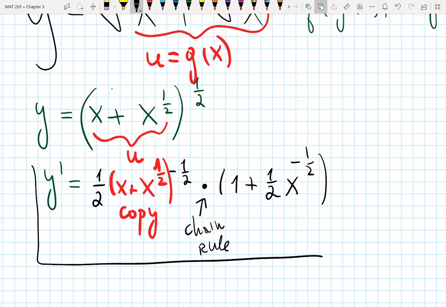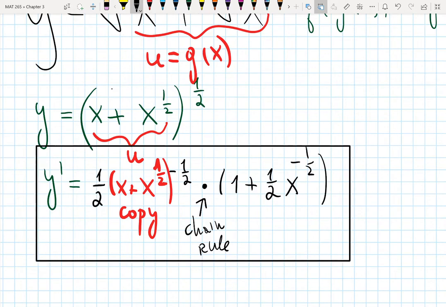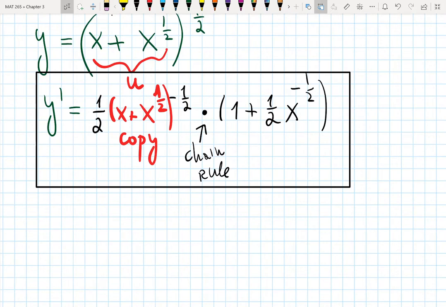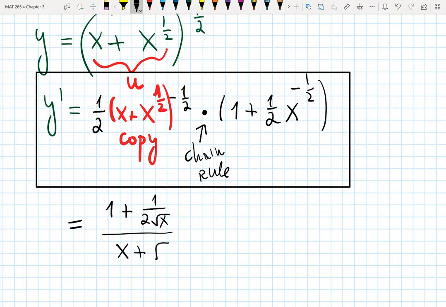We might or might not ask you to simplify this. Originally, this is the final answer, which is fine. If you want to rewrite it again as roots with radicals, it's going to be 1 plus 1 over 2 square root of x, over x plus square root of x, and a square root.